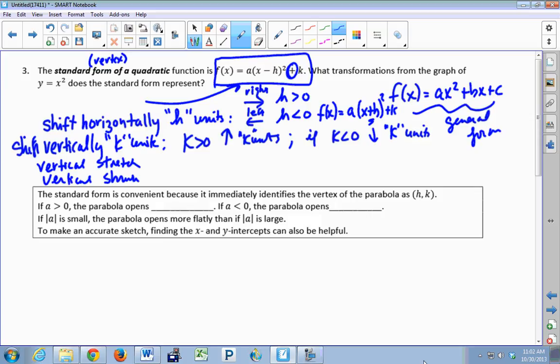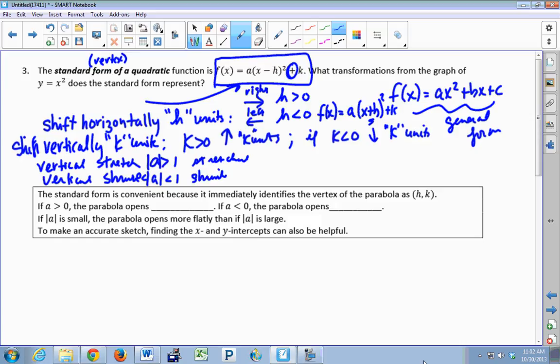If the absolute value of a is a number that's bigger than 1, then we're going to be stretched. I'm just thinking of the magnitude of a. And if the absolute value of a is a number between 1 and 0, this thing is going to shrink.